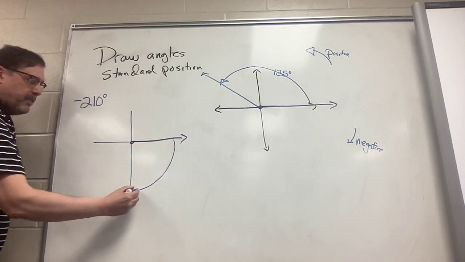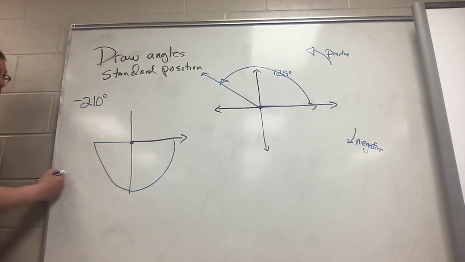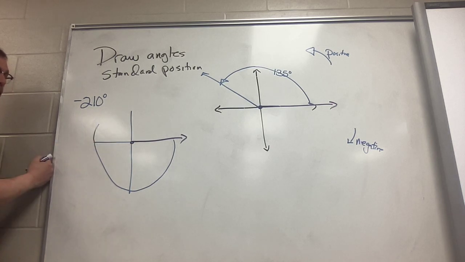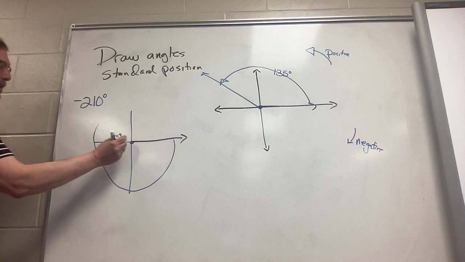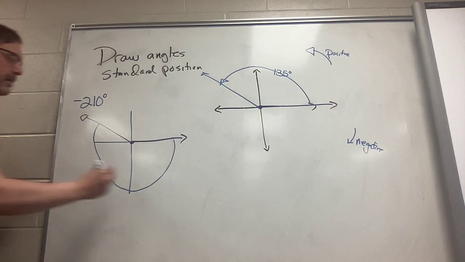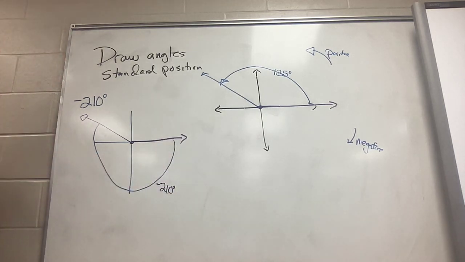Well, I'm going negative 90. Go 90 more, I'm negative 180. And then I'll just sort of make a guess. And then, if you would connect that and write negative 210 degrees somewhere around that. It doesn't have to be exact, right? Not exact. Just approximate.